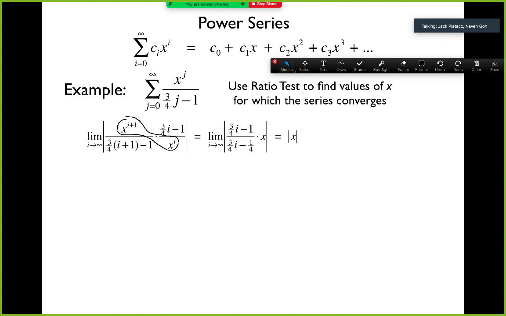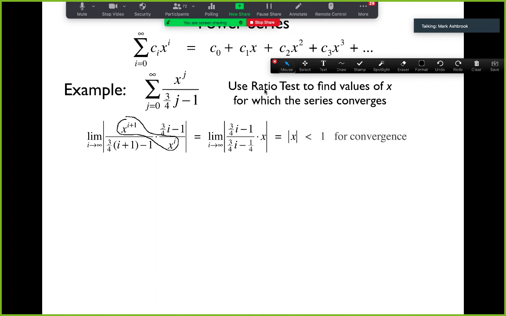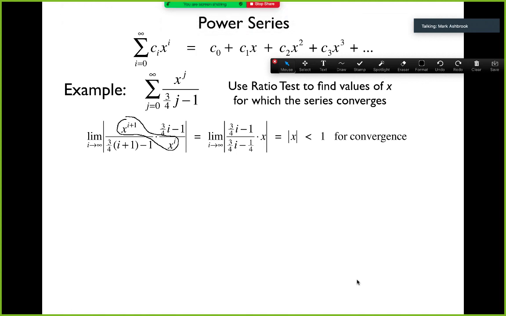When the ratio that you come out with is less than 1. The limit, right? When the limit of this sequence is less than 1, and we talked about how that relates to a geometric series. So when the limit of this thing is less than 1, that will determine what values of x will make this converge if we take that limit and we set it less than 1. So what values of x is that?